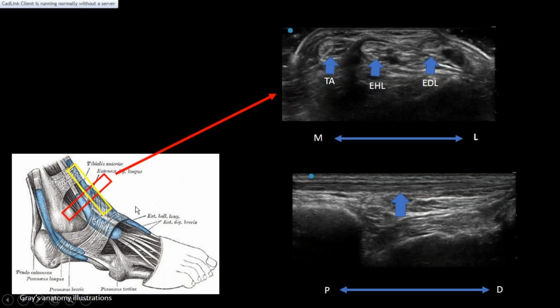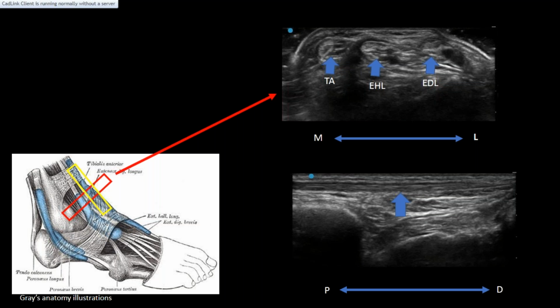In the longitudinal view, you can see the tendon as a linear structure with a linear fibrillar pattern. This is the distal end of tibia, that's talus, and that's the ankle joint. So this is how the tendon is arranged.